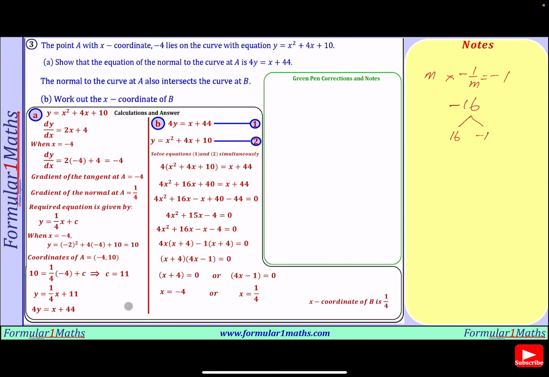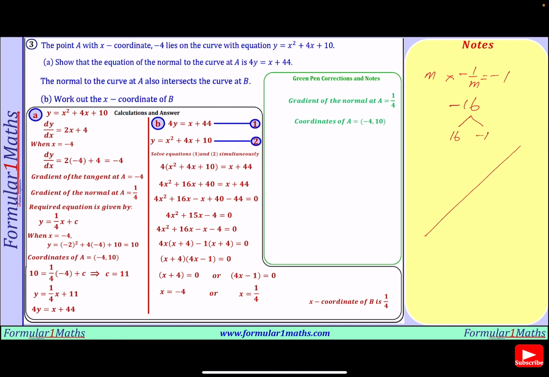Now, as I mentioned earlier, there's another way that you could solve this part of question 3a. We know that the gradient of the normal we got is 1/4, and the coordinates of A are (-4, 10). I'm going to illustrate this by drawing a line like that, but this is not necessary in the exam.